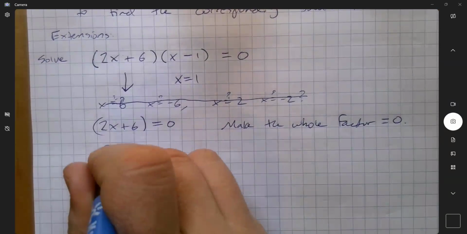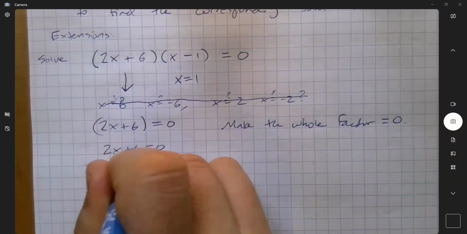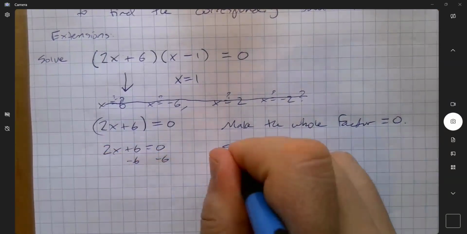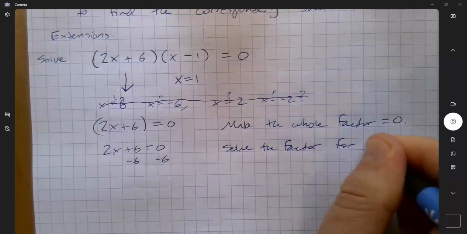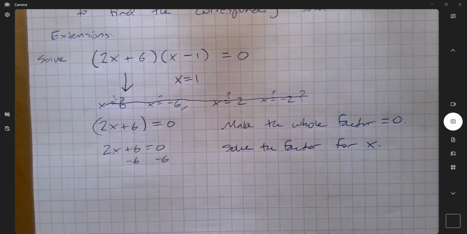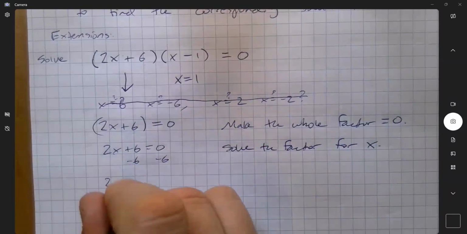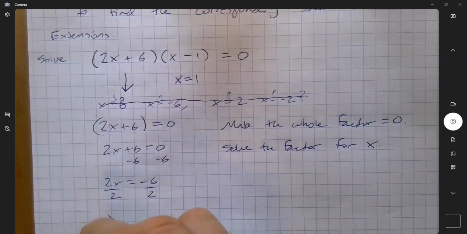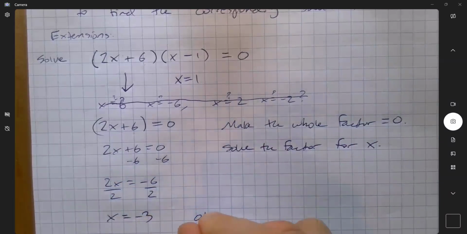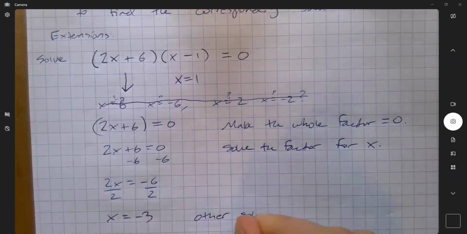So if 2x plus 6 equals 0, I'm going to solve the factor for x. Subtract 6 from both sides. I have 2x equals negative 6. Divide both by 2, and I get x equals negative 3. And that's my other solution.